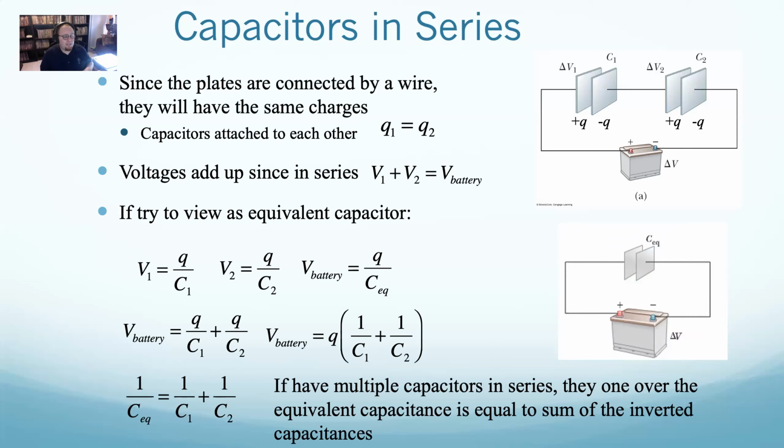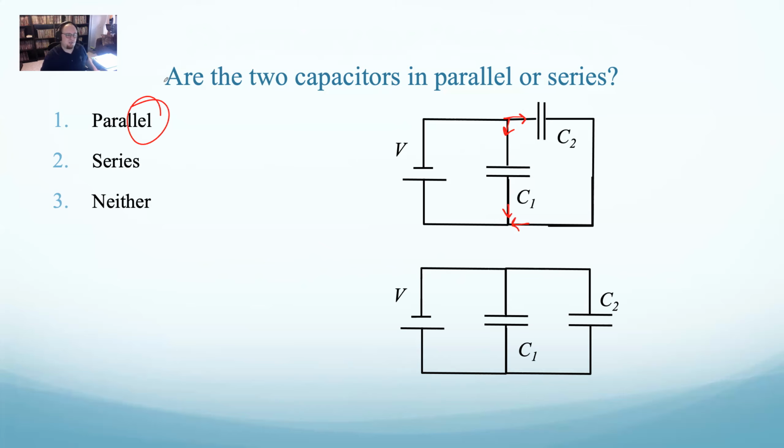My circle's in the wrong spot, because we have the wire going to both ends of both capacitors, and then coming back to both capacitors. They're hooked to each other on either side. And that's what you're basically going to have to do to solve things.